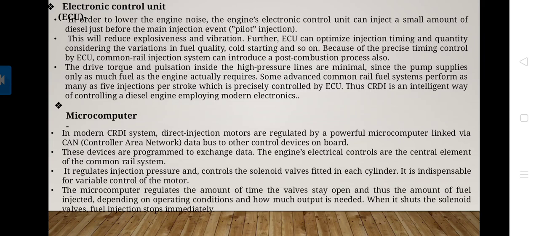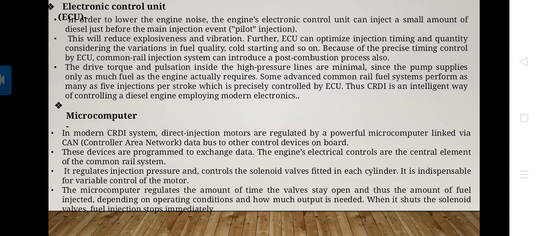Next is the microcomputer. In the CRDI system, direct injection motors are regulated by a powerful microcomputer that is linked via CAN, the controller area network data bus, to other control devices on board, and these devices are programmed to exchange data.